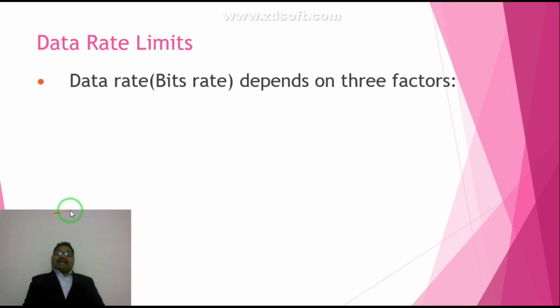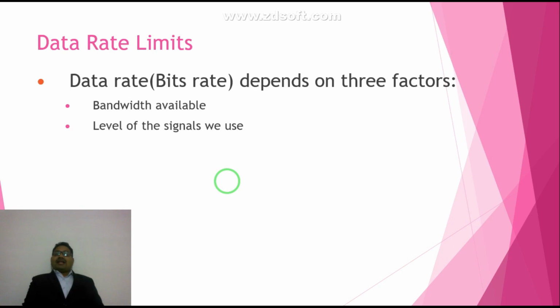Now, data rate limits, which is also called bit rate. It means how fast we can send the data, how fast we can send the bits per second. It depends on three factors: the bandwidth available, the level of the signals we use, and the quality of the channel, that is the noise level.